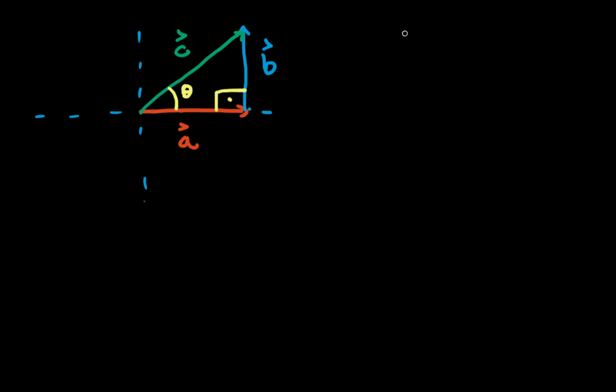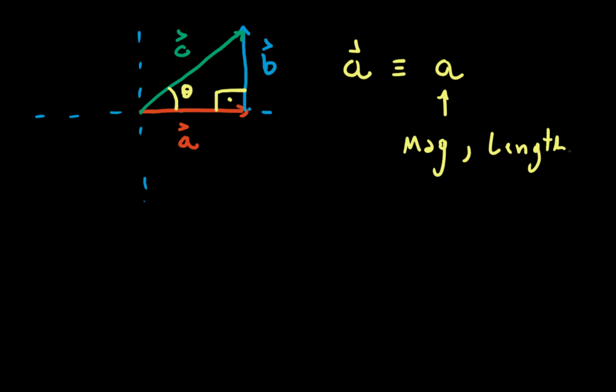So the last notation thing that I want to go through is that if A is the vector, then when I write A just by itself without the arrow, it is going to be the magnitude, or the length, of the vector.